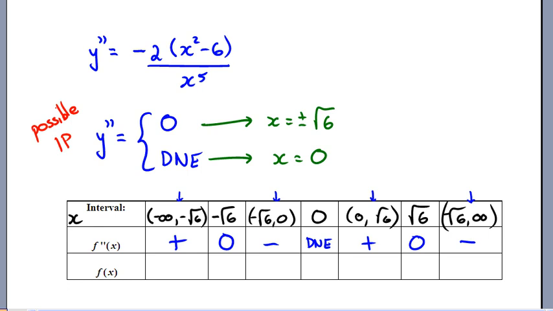So I can now notice that there are some inflection points in here. There's an inflection point here, and there's one here. And then you might ask, well, what about here? The concavity definitely switches. It's not really an inflection point because the graph doesn't even happen there. I like to call it an inflection moment.